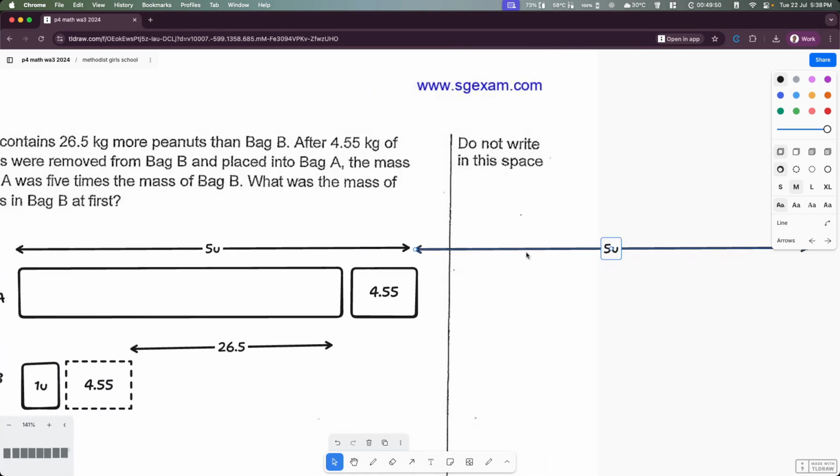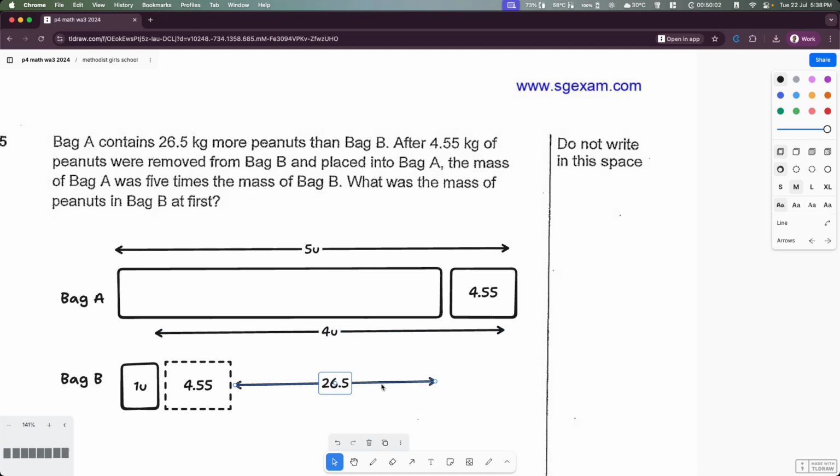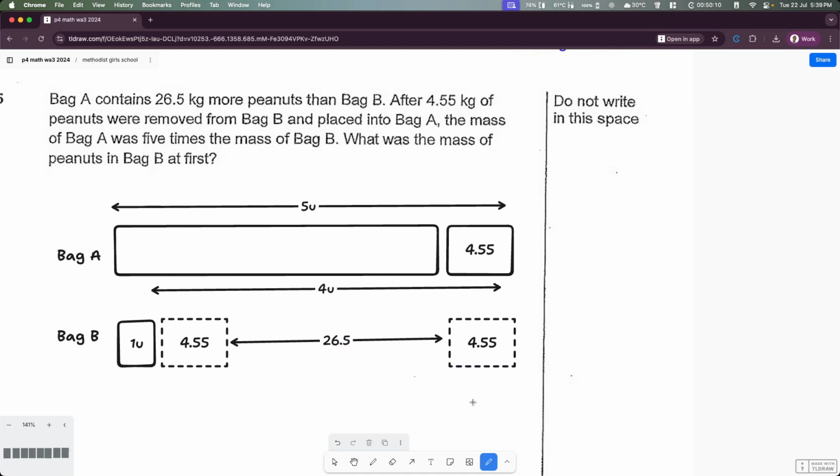But if you look closely, if you minus 1 unit, we can get 4 units. And these 4 units essentially are 2.65 plus 4.5 plus 4.5, because this is more. So 4 units are essentially this whole thing over here, because we have 4.5 also over here.